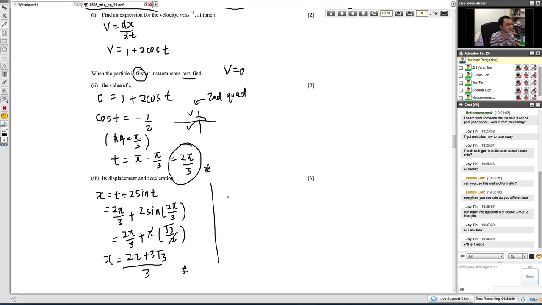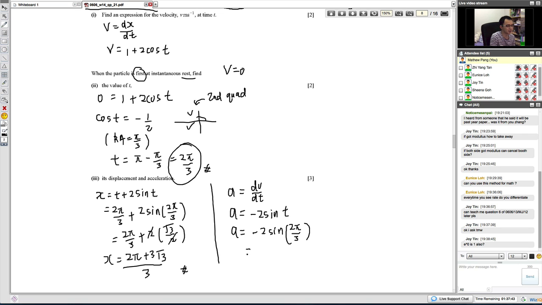Alright, and the next one is acceleration. We do not have a, so you will need to find a. Acceleration means differentiate v, so I will differentiate v with respect to t. Cos will give you negative sine, so it's negative 2 sine t. So a will equal negative 2 sine, where my t is 2 pi over 3.